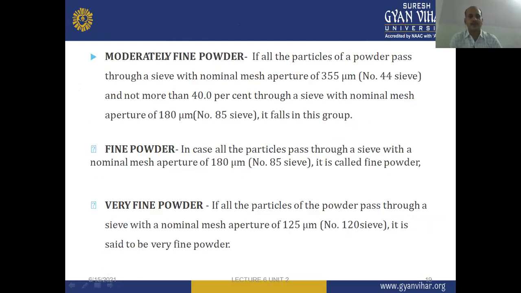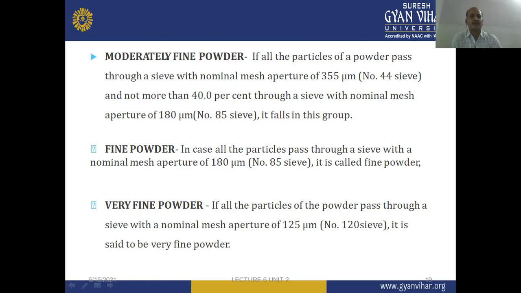Then moderately fine powder: all the particles of a powder pass through a sieve with nominal mesh aperture of 355 micrometer, meaning number 44 sieve, and not more than 40% through a sieve with nominal mesh aperture of 180 micrometer, meaning number 85 sieve. So it falls in this group.